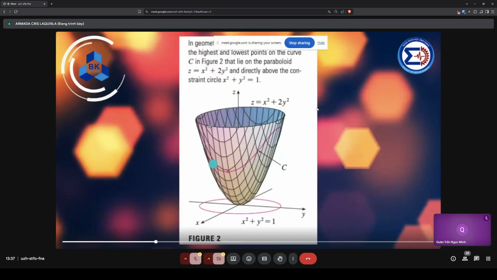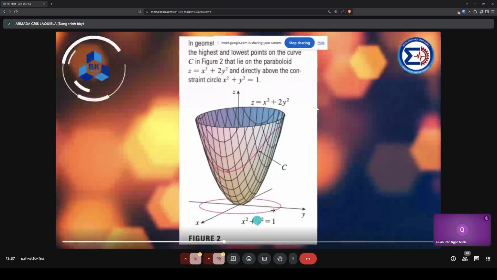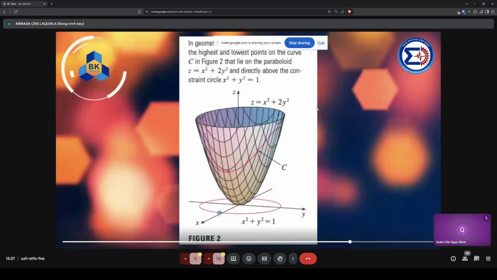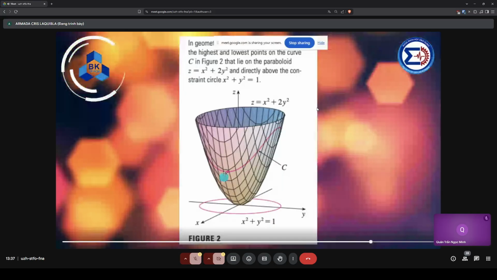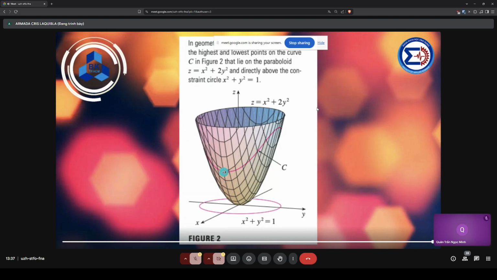So we only consider the points on the circle, and then get the reflection here in the graph. So if this is 1, 0, the value of z is here. This is your f of x, y. And this point here is located in the lower part. So this is the minimum.